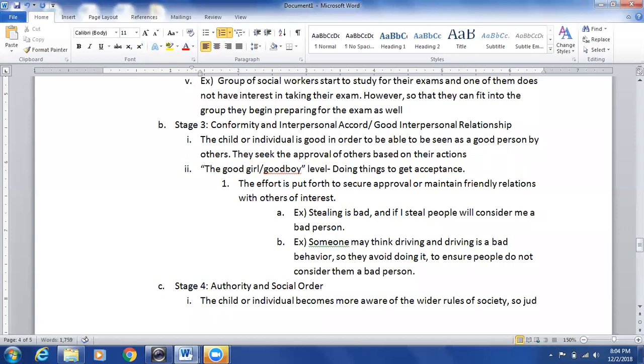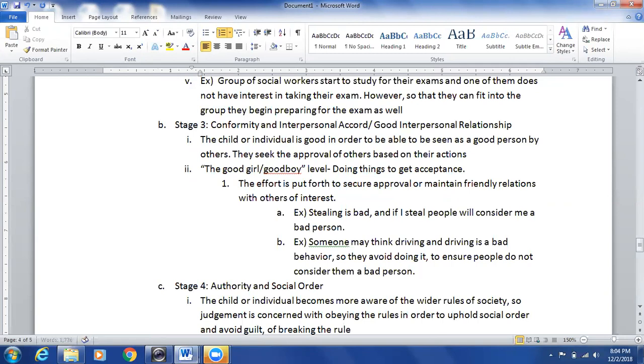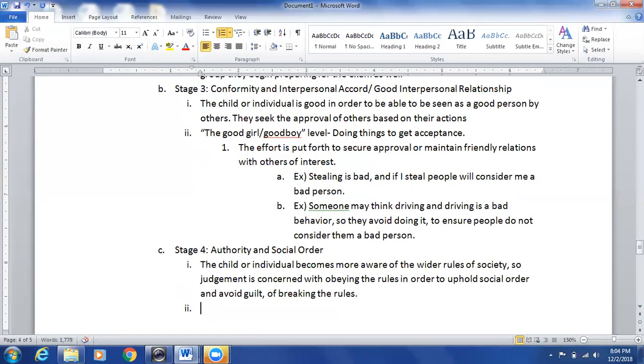So judgment is concerned with obeying the rules in order to uphold social order and avoid guilt of breaking the rules. So this is where someone starts to actually think, wow, I have a larger obligation to society that I cannot neglect.